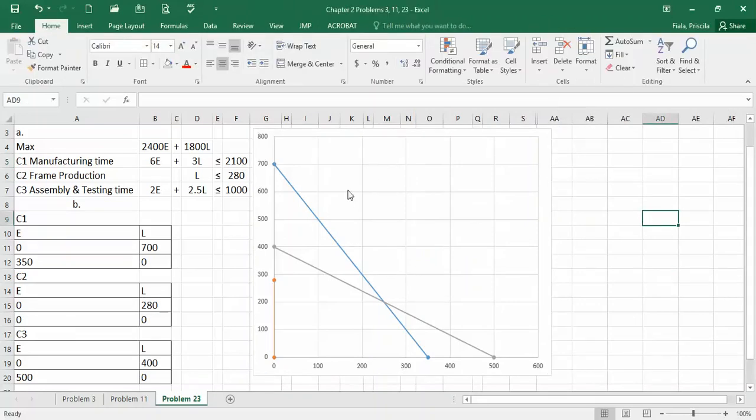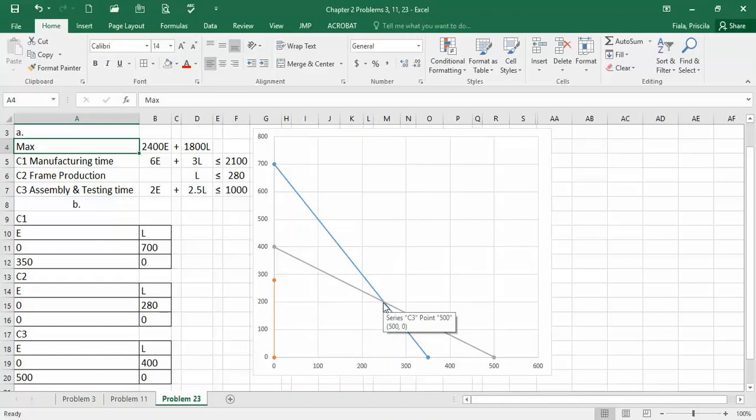So now let's go ahead and look for the feasible region. One thing: if you're maximizing this objective function, you're looking for the furthest point from your origin. Okay, so your furthest point is about here.